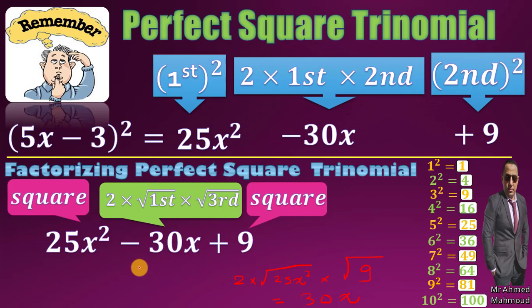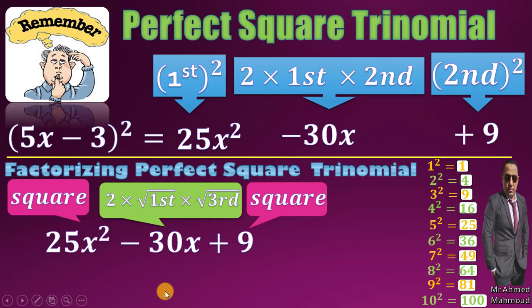So 30x looks like the middle term. In that case, I can say that this one is a perfect square. So again, for a perfect square, the first and the third are squares, and the middle equals 2 times root the first times root the third. Now I know that this one is a perfect square.